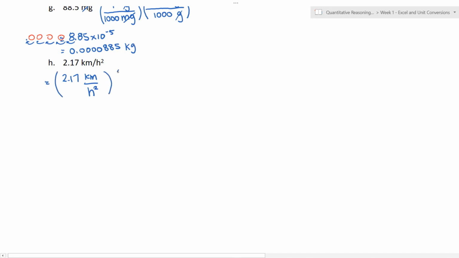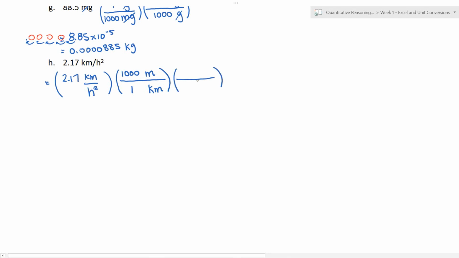Now I want to get rid of kilometers. To get rid of it, I need to put kilometers in the denominator to cancel it out. And instead of kilometers, I want meters. Now I write my equivalency. 1 kilometer is the same as 1,000 meters. So I've taken care of kilometers. Now I need to take care of hours.